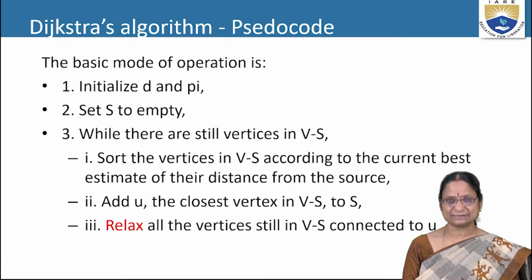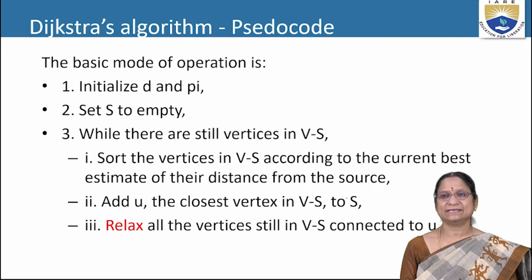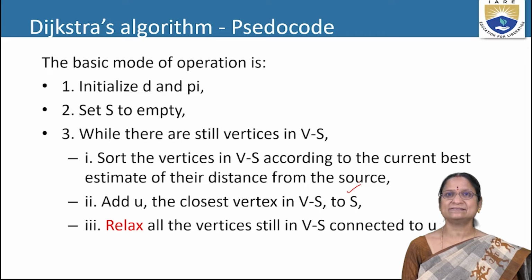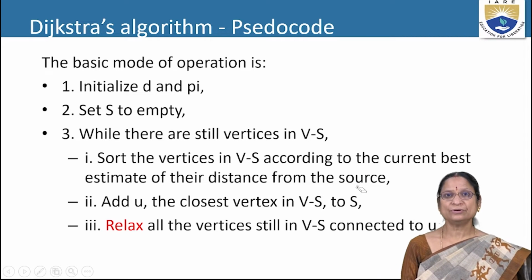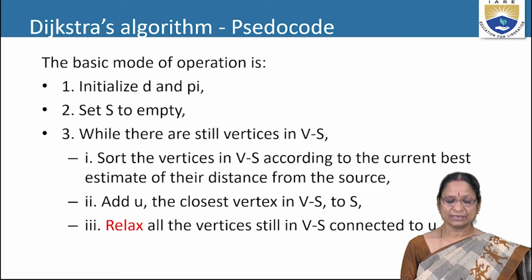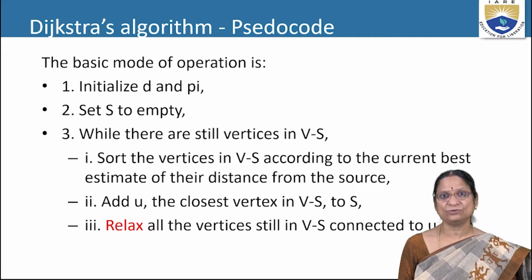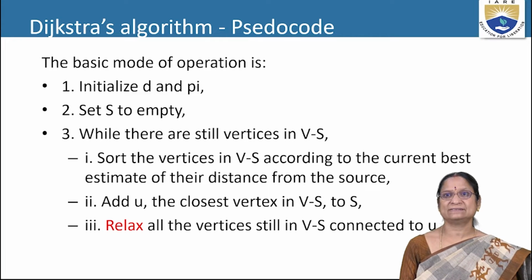That particular vertex is added to S, which means the distance up to that vertex has been computed. Let us assume that vertex is u, the closest vertex in V minus S, which is added to S. Then we use the relaxation rule: relax all the vertices still in V minus S that are directly connected to u.